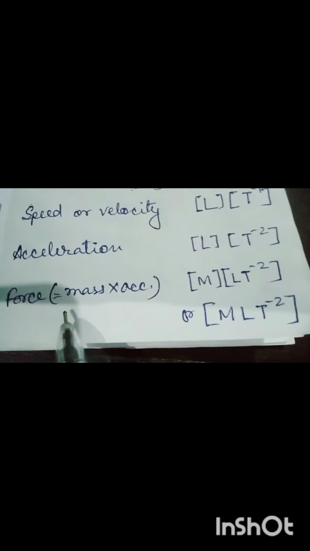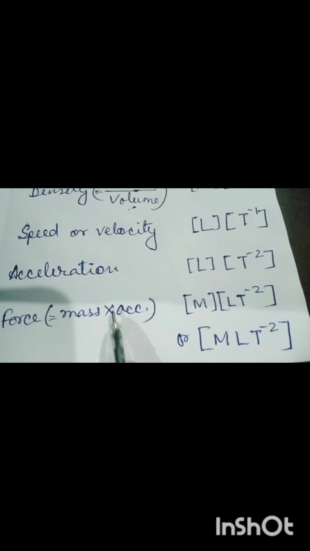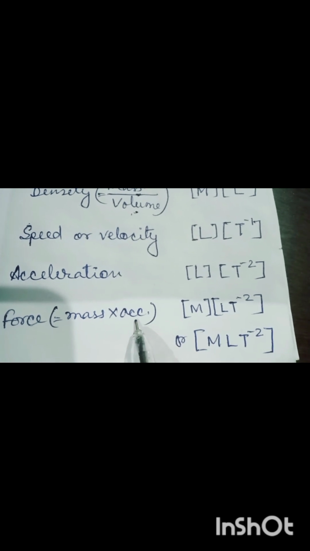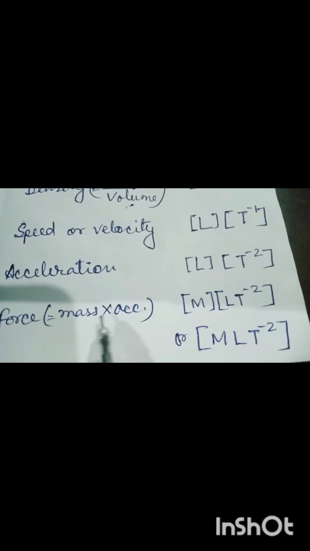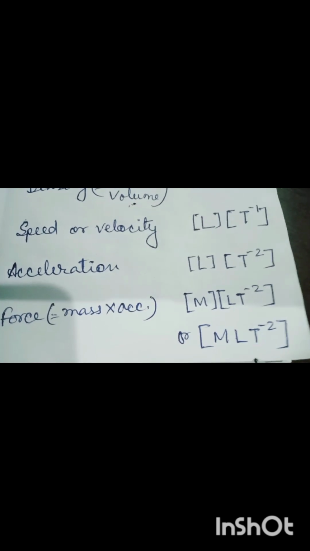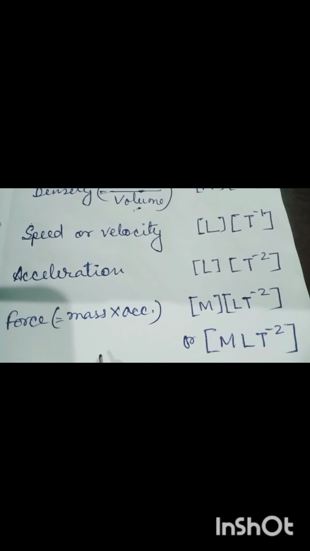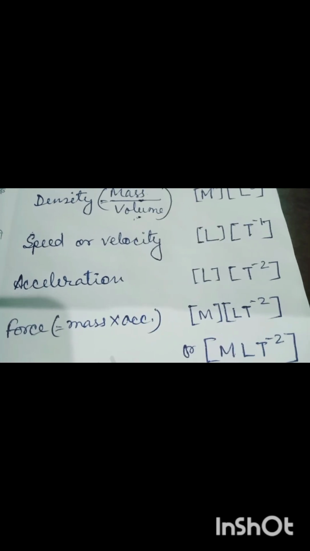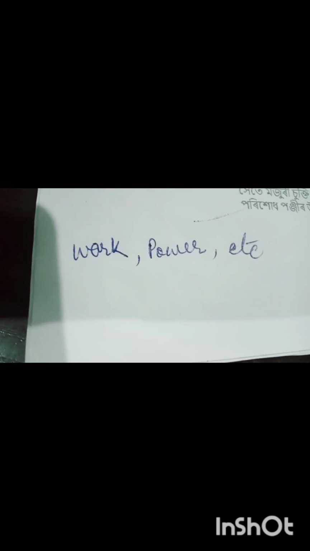Then force is equal to mass into acceleration. So we already have the dimensions of acceleration and mass, so we put them directly and it becomes M L T to the power -2. We can solve for work, power, etc. Writing dimensions in this order under square brackets is called dimensional formula.